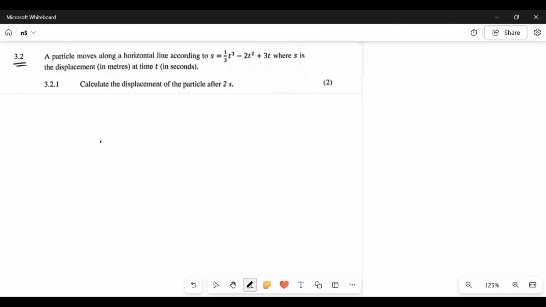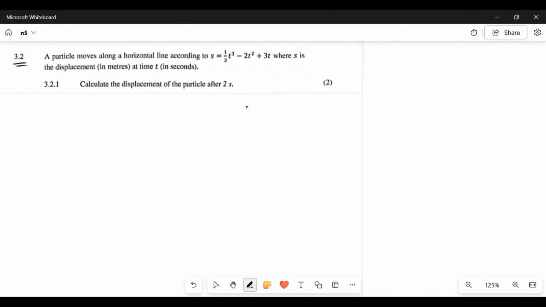As you can see, the statement goes like this: a particle moves along a horizontal line according to s equals 1 over 3 t cubed minus 2 t squared plus 3t, where s is the displacement in meters at time t in seconds.